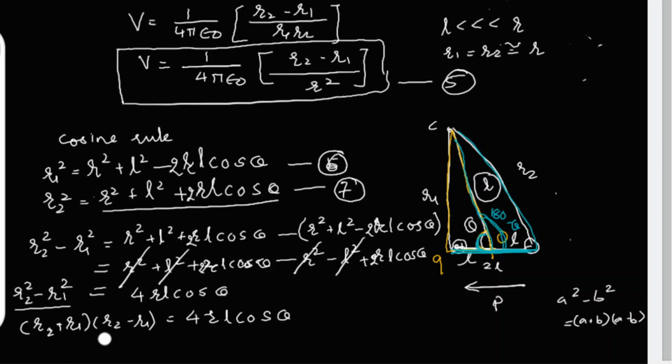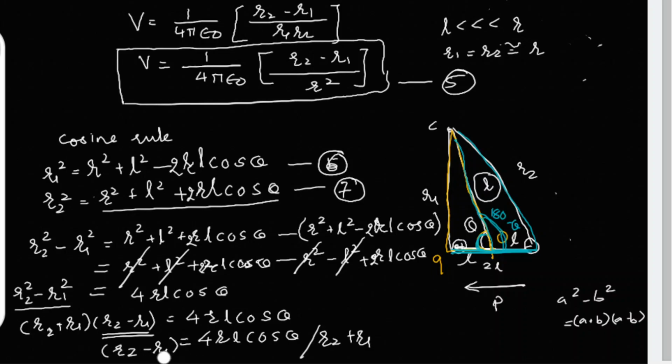But I need this quantity on this side only, so I write R2 minus R1 equal to 4 R L cos theta as it is. But this quantity, if I shift to this side, it will be divided by R2 plus R1.